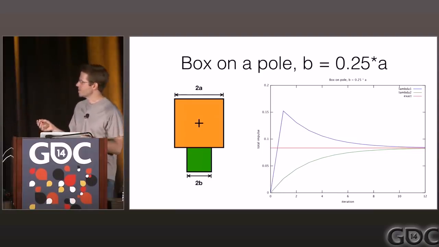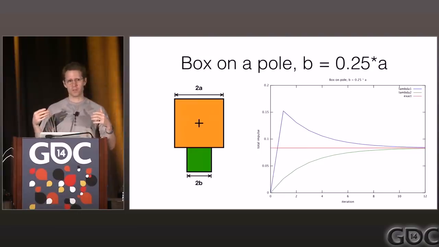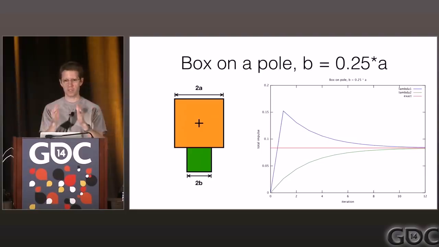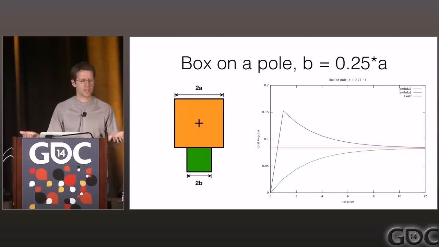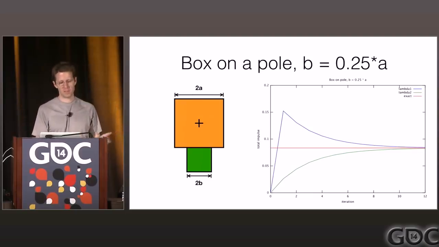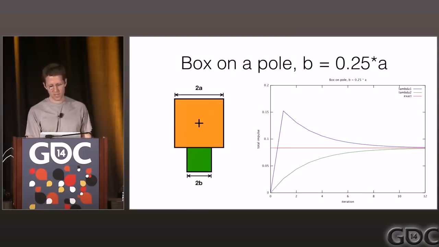This is a case where there's no mass ratio problem. I only have one moving object, yet I need more and more iterations as the geometry gets more extreme. And this type of stuff happens all the time in games. So yeah, another case where having a local solver causes trouble.